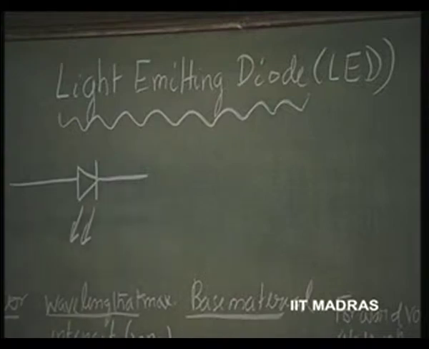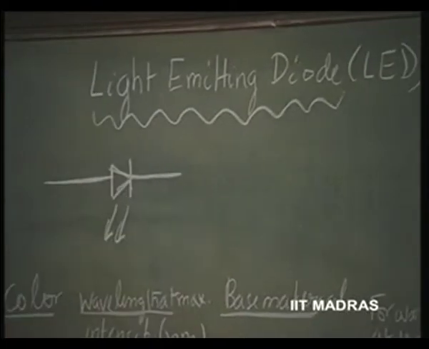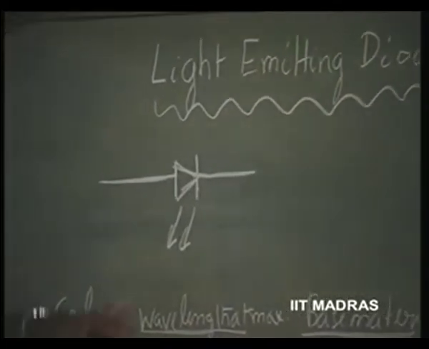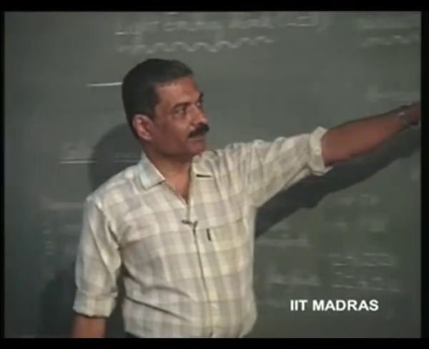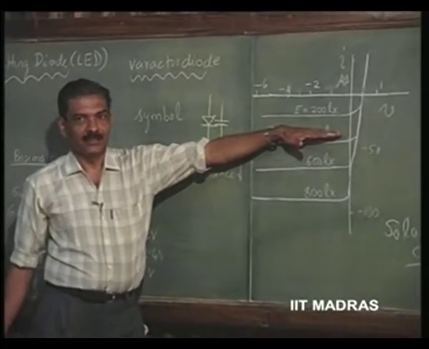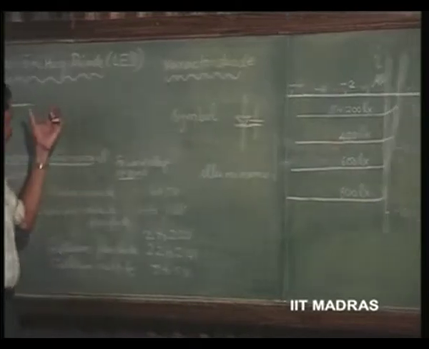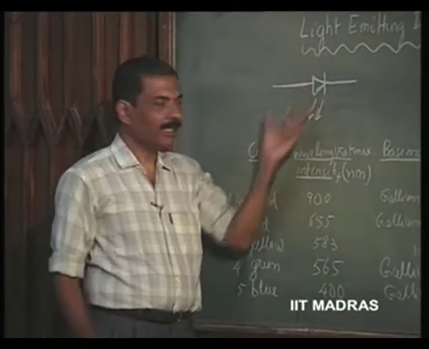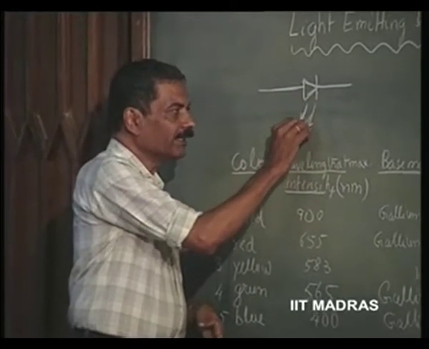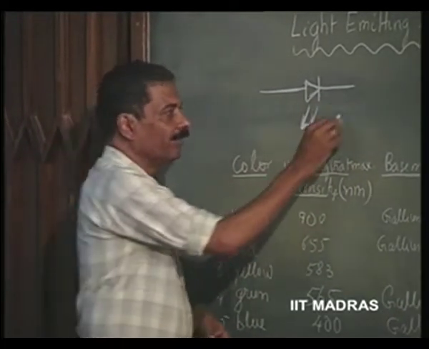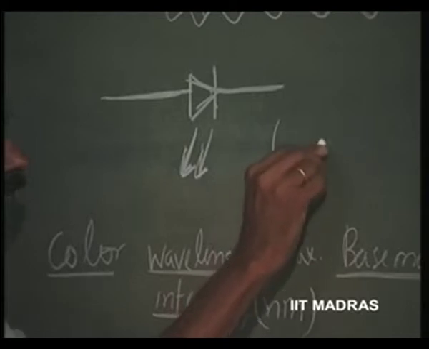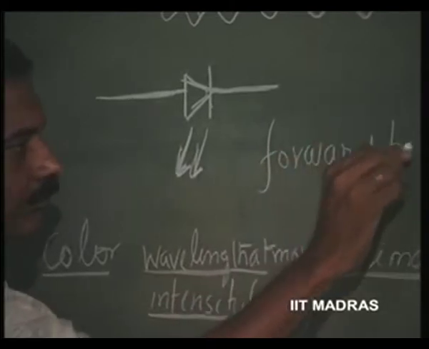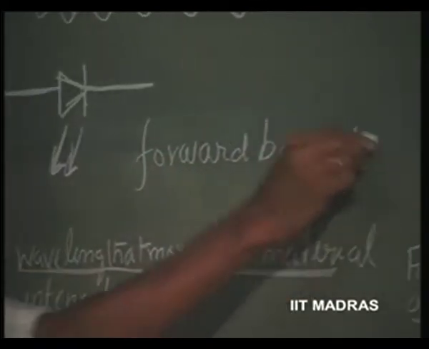So, the symbol is this. Remember that for the photodiode, there is the reverse bias saturation current, which is controlled. Here, when this junction is forward biased, under forward bias condition, it emits light. It is important.